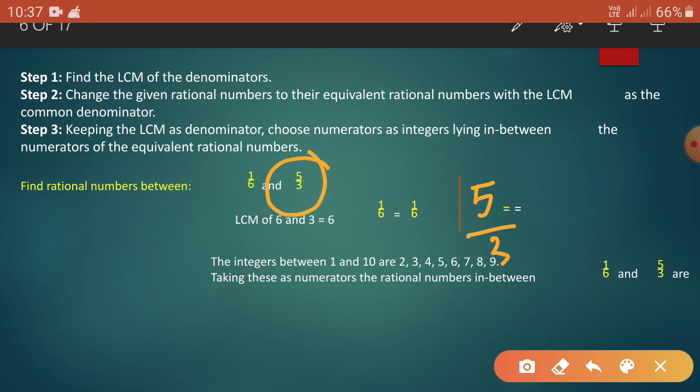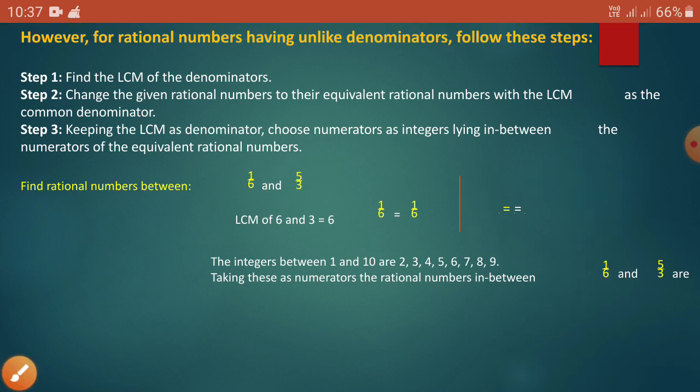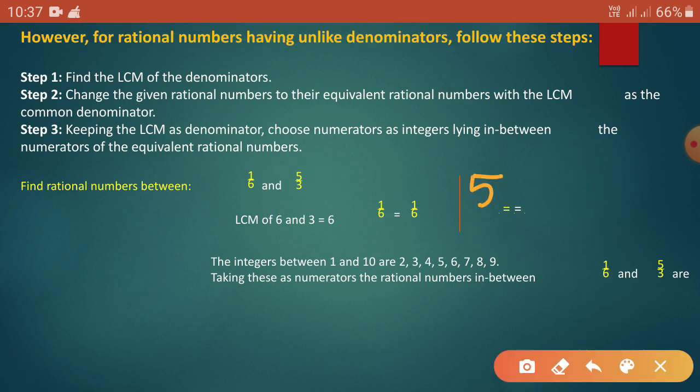If we multiply the numerator and denominator by 2, we get 10 by 6. Now we have 6 in the denominator, which is equal to the LCM. So 5 by 3 is equal to 10 by 6.